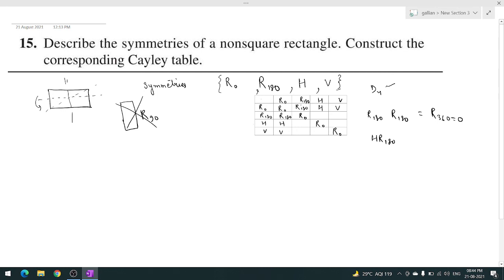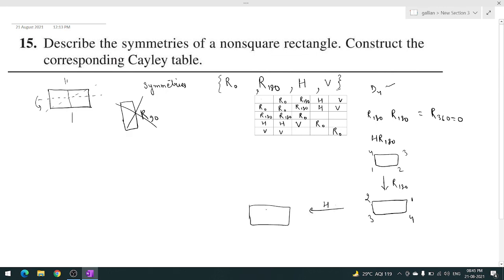You can check this out. Why will it give V? I will just simply show you. So we have a rectangle, just name the corners 1, 2, 3 and 4. Now we have to simply apply R180. So what is R180? First of all, we have another rectangle. The 1 will go here, 2 will come here, 3 will go here and 4 will go here. Now we have to apply H over here.